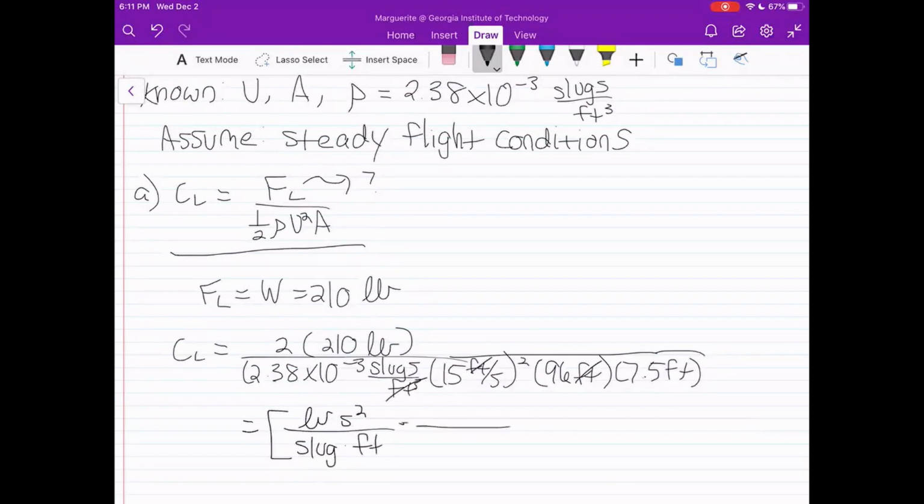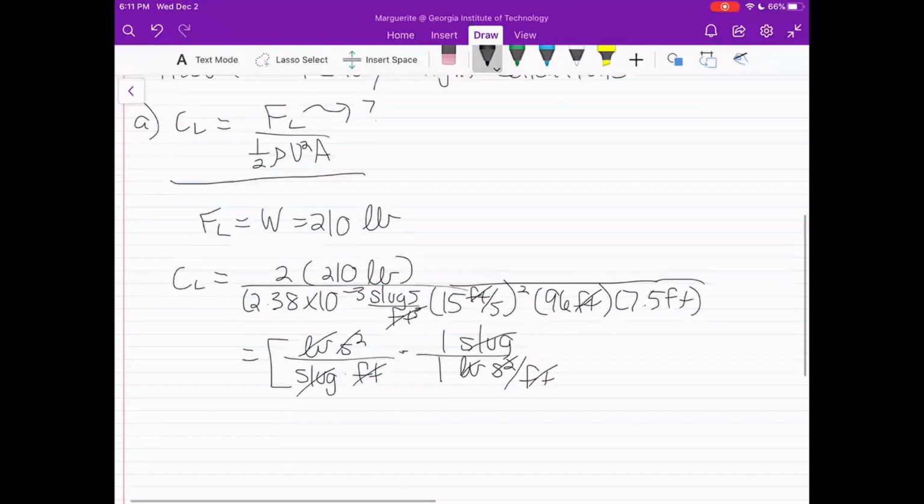And then we can convert 1 slug to 1 pound second squared per foot. And then everything cancels how we want it to. And now we're dimensionless. Happy. Okay. In the time it took me to cancel all my units, has anybody calculated this?